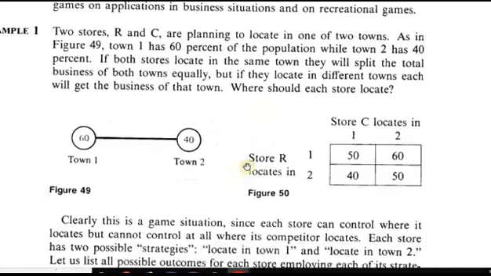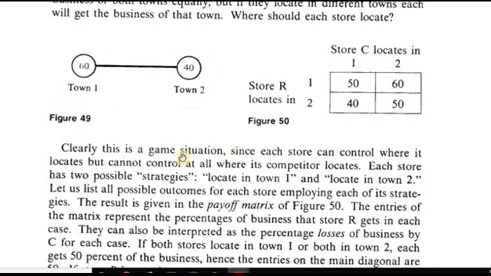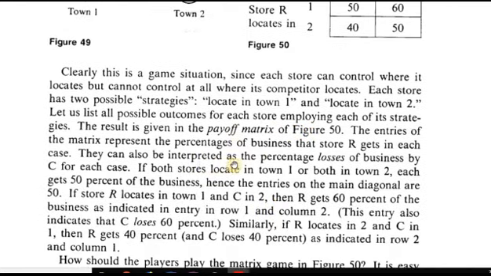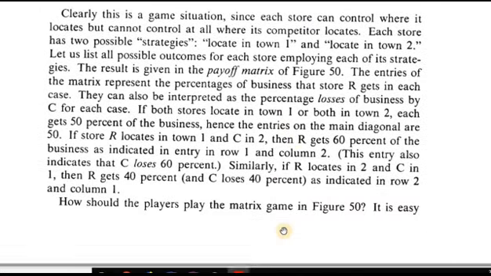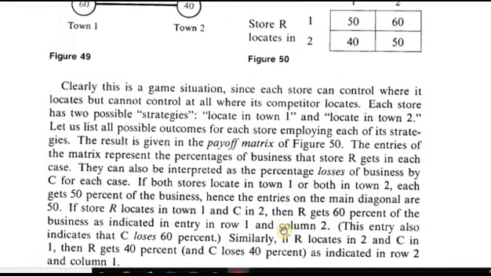So this is a game situation, since each store can control where it locates, but cannot control where the competitor locates. All right. So this tells the same description of what I just said, and we have this so-called payoff matrix in figure 50. Okay. And here it says the same description of what I said, that these are the percentage gains of store R and the percentage losses of store C. Okay. So how should players play this game?